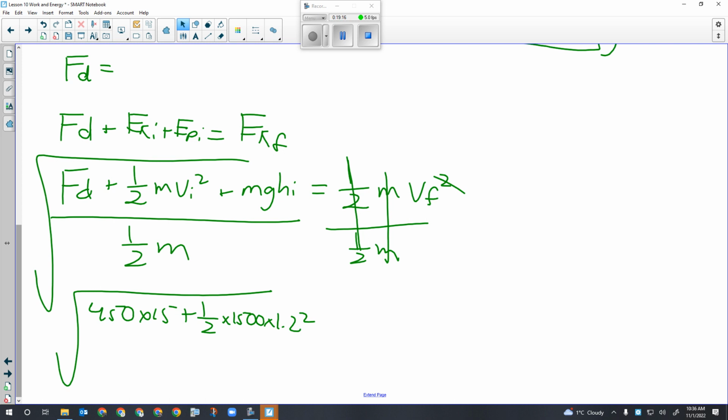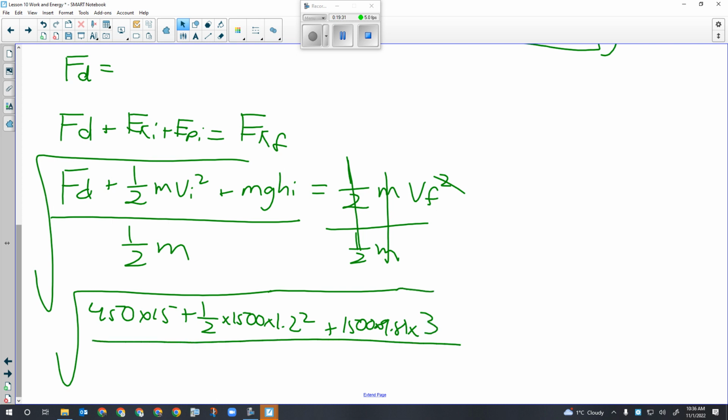Times 1.2 squared, so there's my initial kinetic energy, plus 1500 times 9.81 times 3 meters, that was our initial height. Right, divided by 1/2 times 1500. All square rooted, that will get me VF.